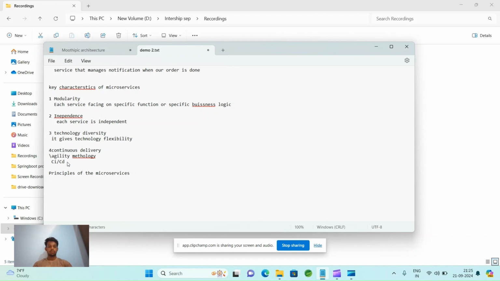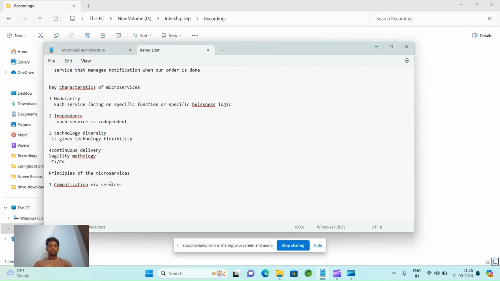So the first one, componentization via services. What does this mean? Componentization via services means you have to break your application.